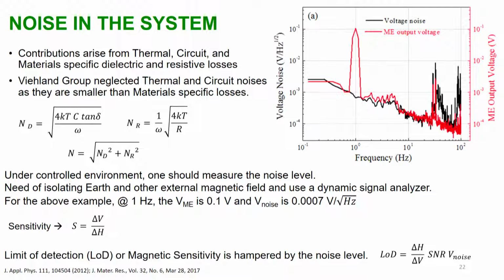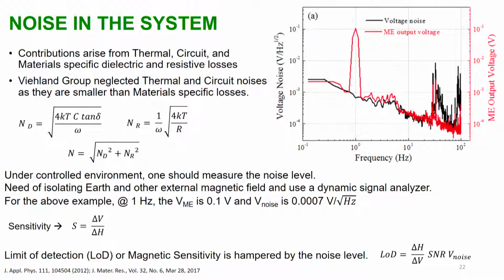If you do not have the analyzer, you know what the base noise is, and you will note that value down, but you will not get V per root hertz, because that requires giving an AC field, which the dynamic signal analyzer does. Without it, you will be able to get only the delta V, which is due to the noise nature of that. Once you have this, you will be able to know the sensitivity.